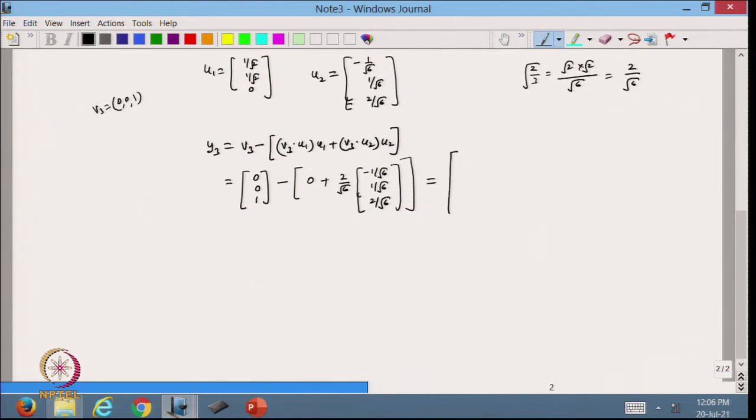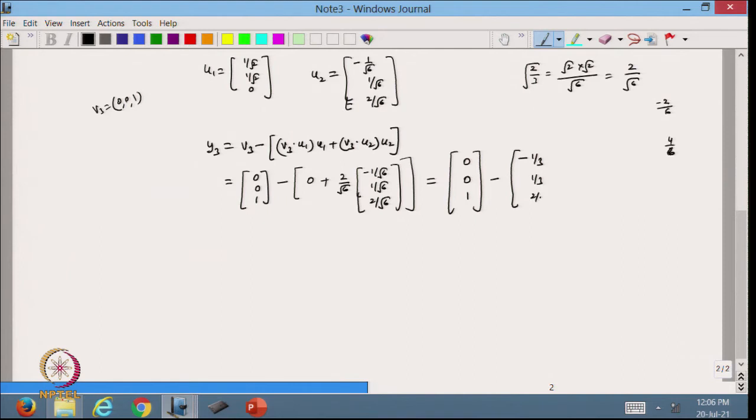From here I can write this as 0 0 1 minus, now I can multiply by this. So, I can just take inside. So, it will be 2 into 6, so it will be minus 2 by 6, so it will be minus 1 by 3. Now, it will be 2 by 6, so it will be 1 by 3, and it is 2 into 2 4 by 6, so that will be 4 by 6.